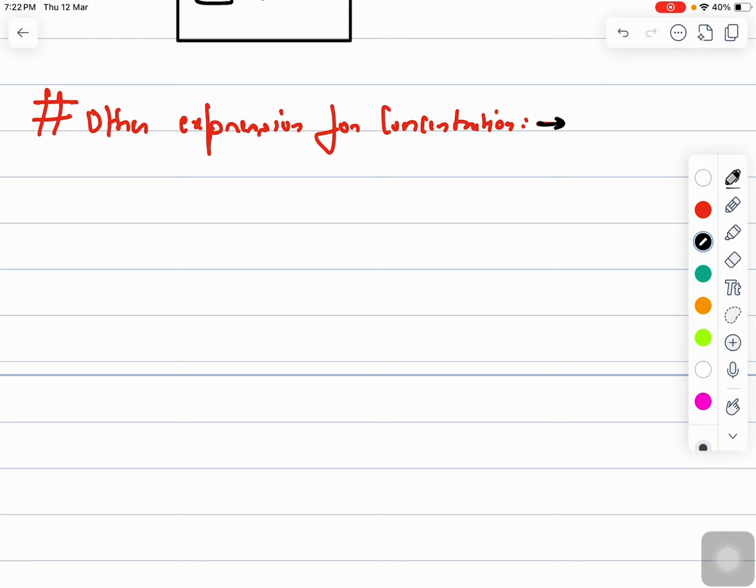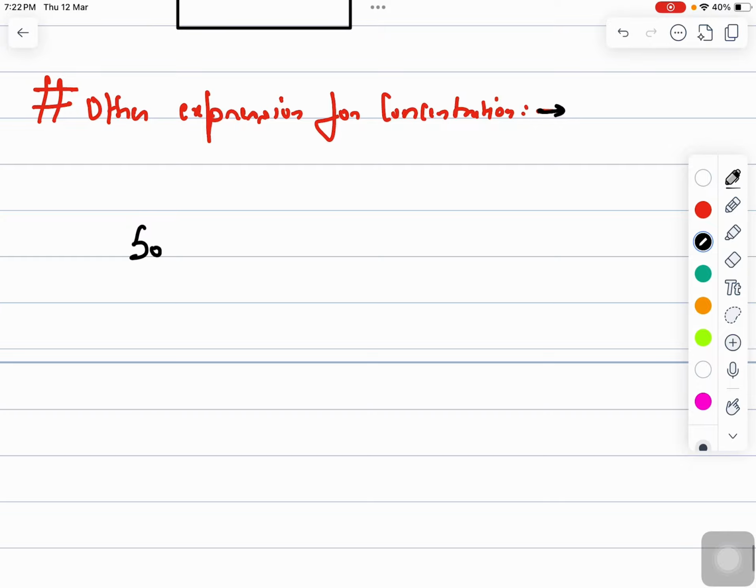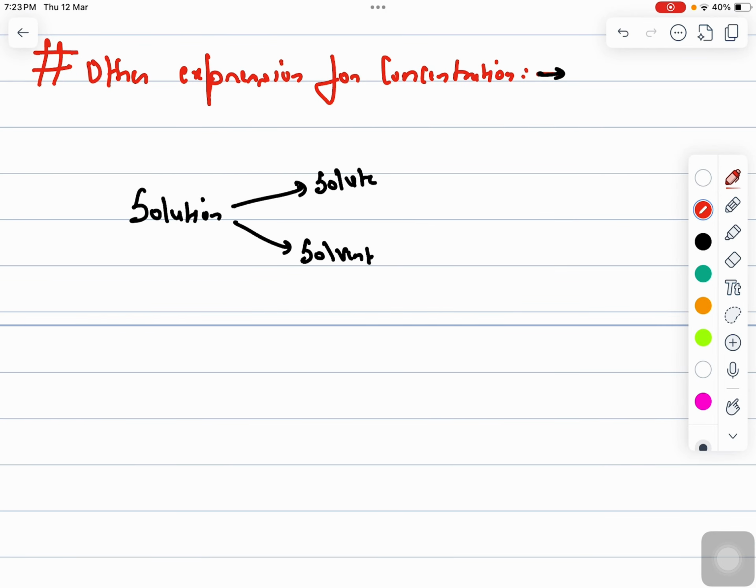So in process calculation, the term solution is generally used for liquids and gases that are made up of solute and solvent. So if I am talking about a solution, that is made up of two components, that is solute and solvent. Is that clear? So the component that is present in a smaller quantity is called the solute.